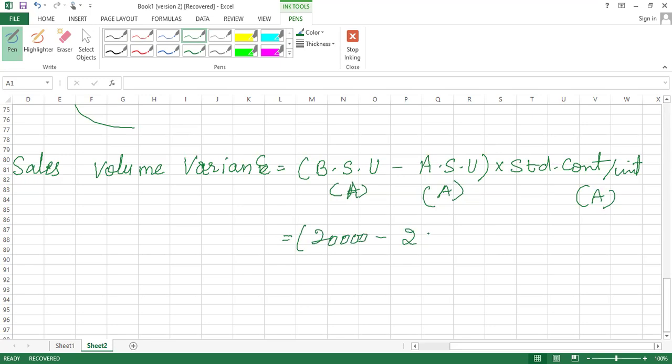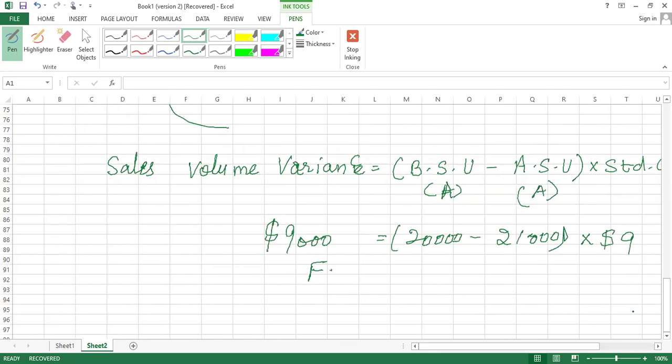Actual sales were 21,000. Price is, sorry, contribution is 9. Actual sales are greater, that's why variance is 9,000 favorable.